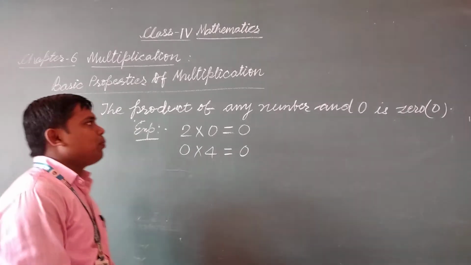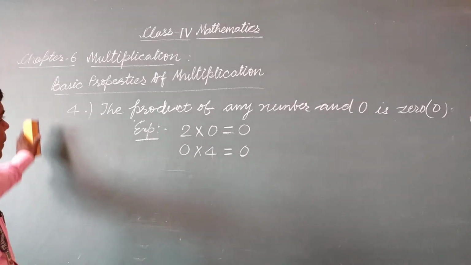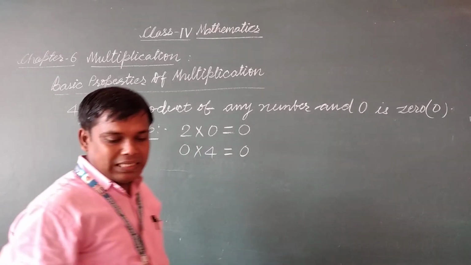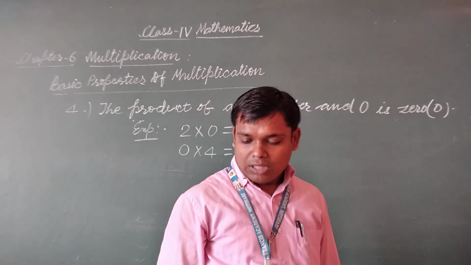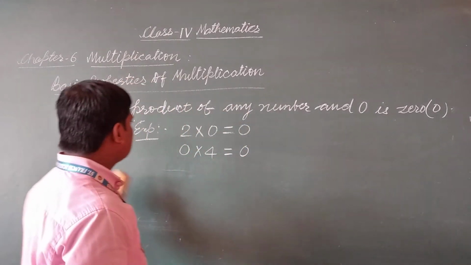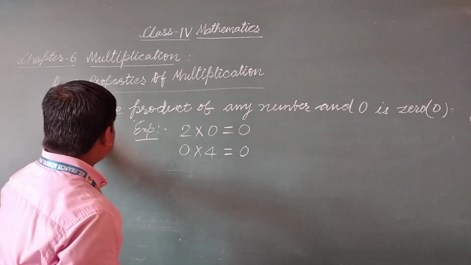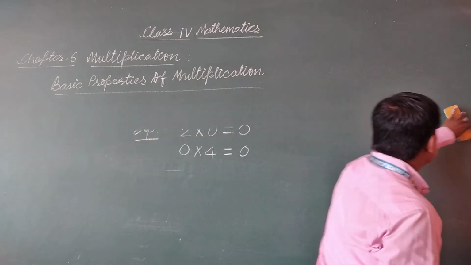I hope you understood properties of multiplication. Now we will read multiplication by 1000, 2000 and up to 9000.